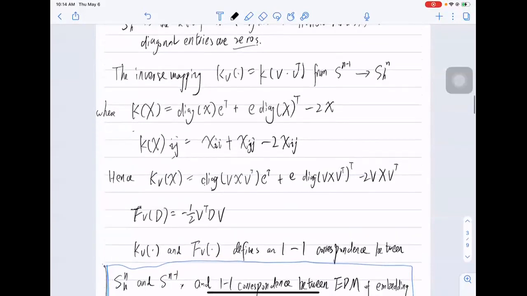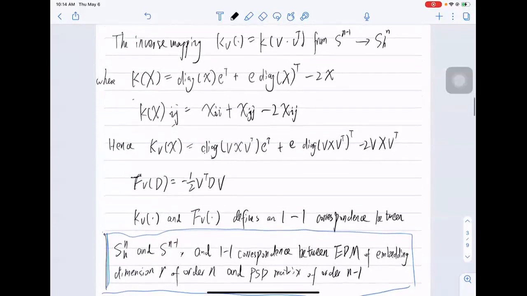Okay. So now we have two mappings. F_V is the mapping, a linear operator, that maps the EDM matrix to the PSD matrix, and the inverse mapping K_V maps the PSD matrix to the EDM matrix.